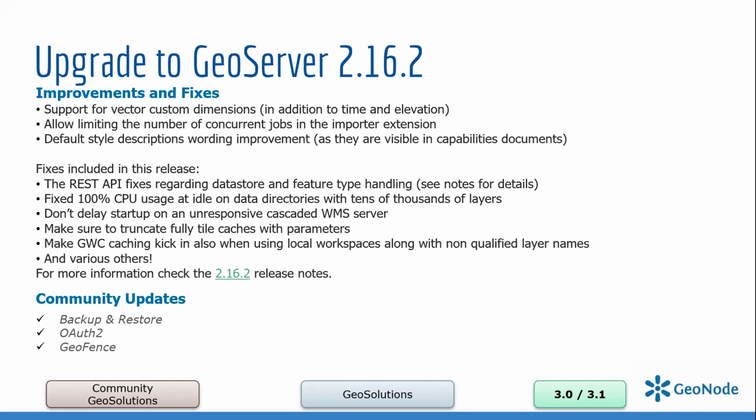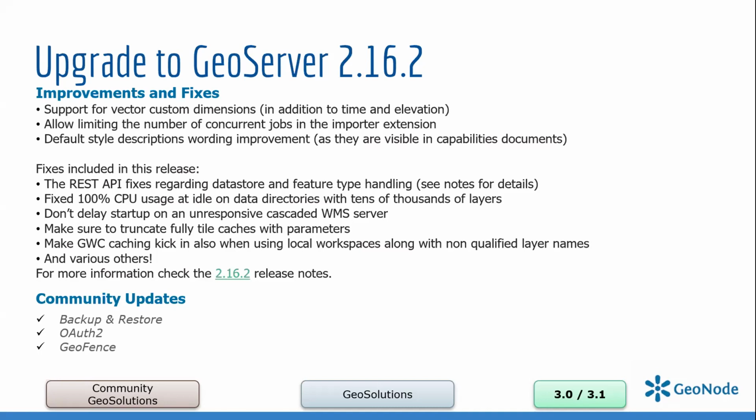But officially we are supporting this version here. So even here it is important to update because GeoServer, which is the default geospatial server that can be plugged into GeoNode, has a lot of important fixes and very interesting and cool improvements.